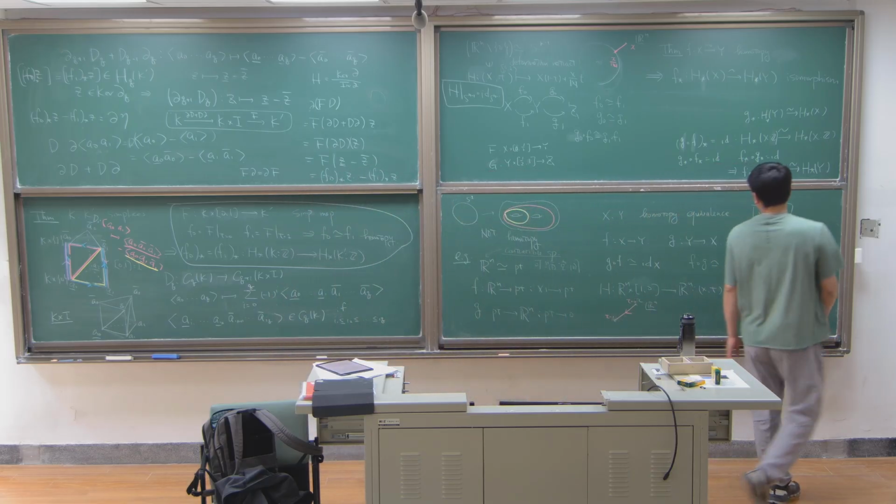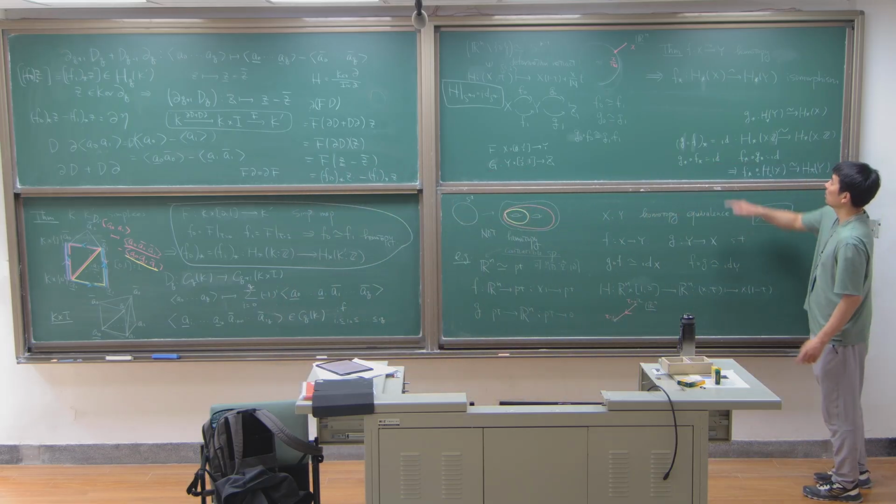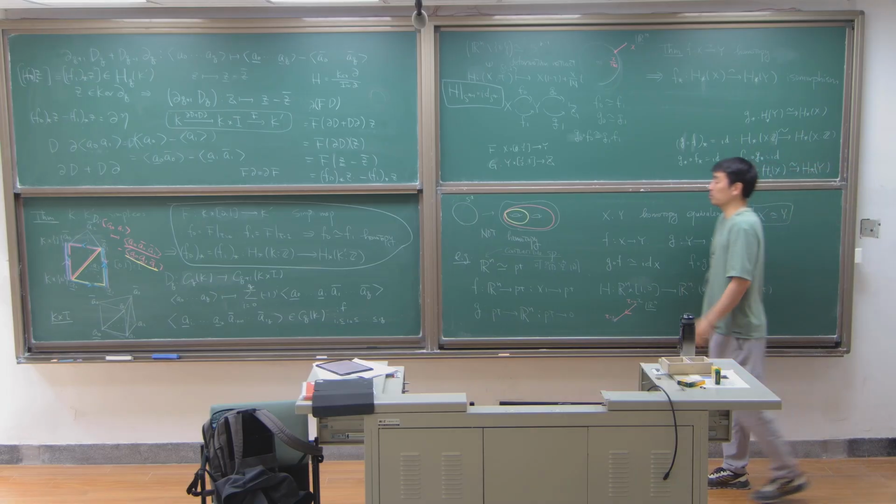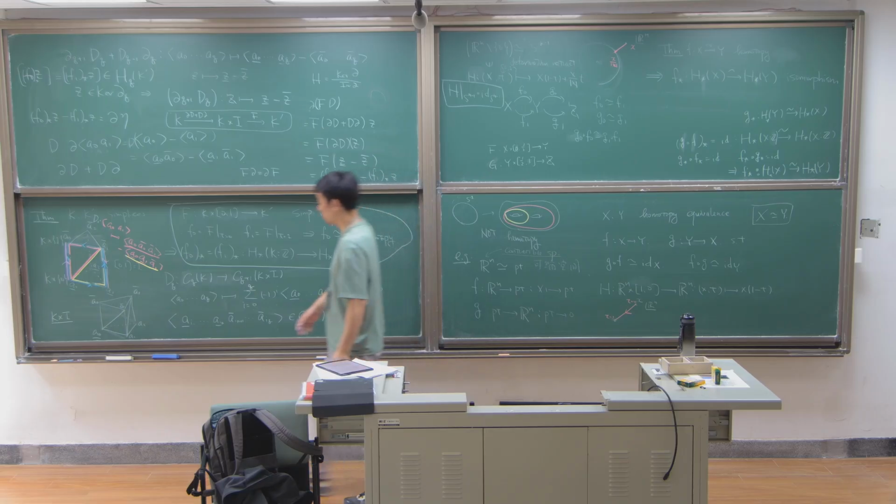This means that if the two spaces X and Y are homotopy equivalent, then their homology groups are equivalent, an isomorphism.